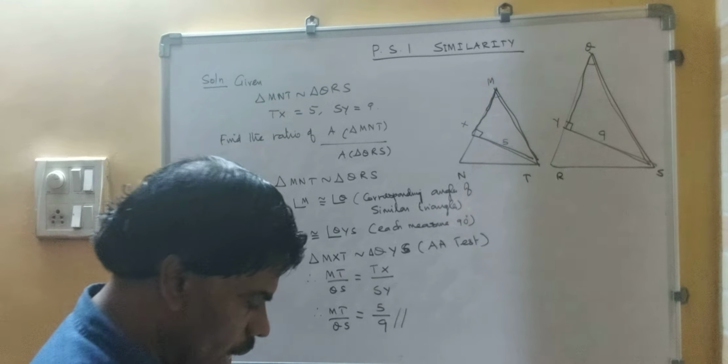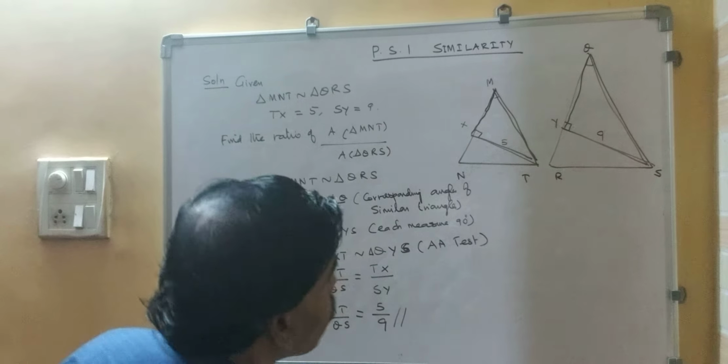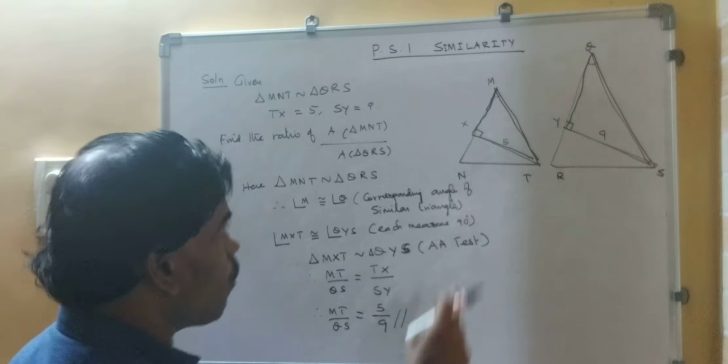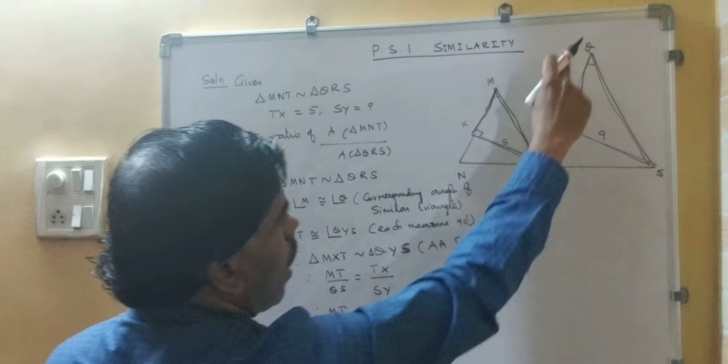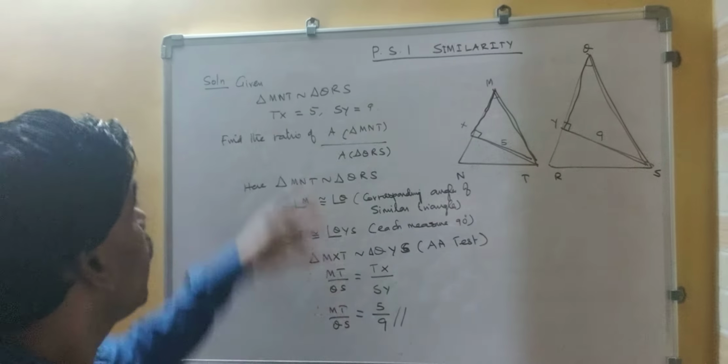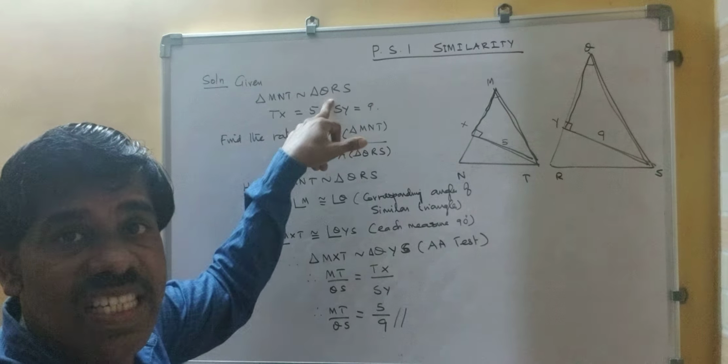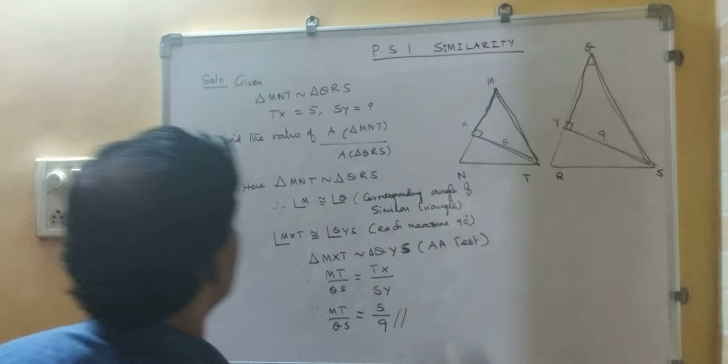Now what we want is one more thing. See here, what about triangle MNT and QRS? It is given. They are similar, but we will write here.